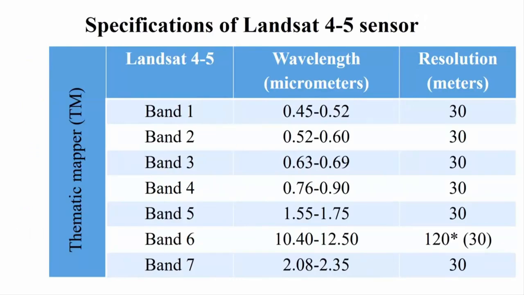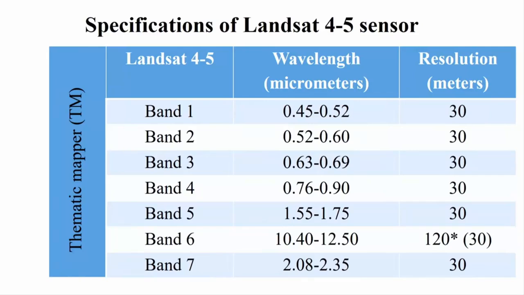Now the Landsat series of sensors have also been widely used by the scientific community to study the thermal properties of the terrain, because they offer very high spatial resolution in the thermal sensor, as well as high spatial resolution in the multispectral bands. So Landsat 4 and 5: here you can see there are 7 bands.